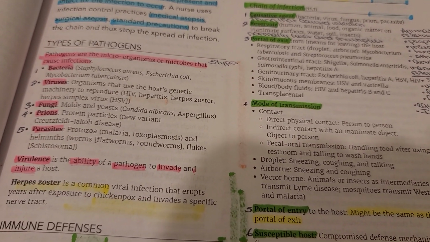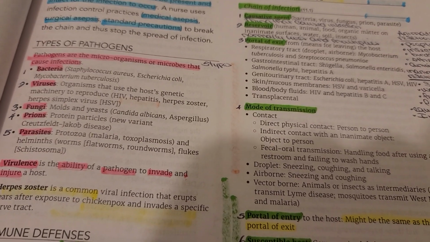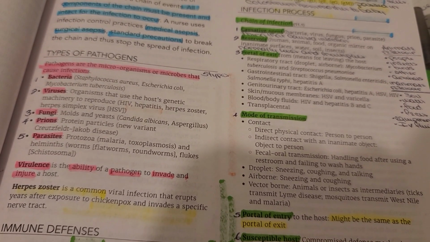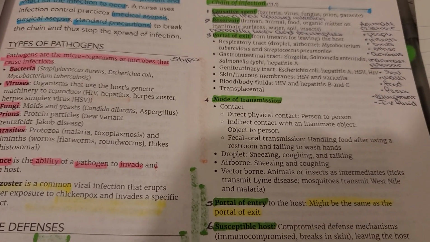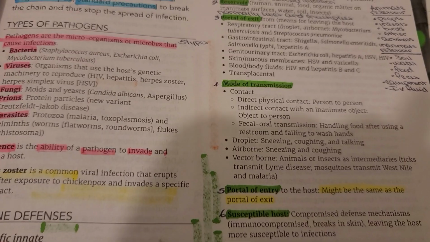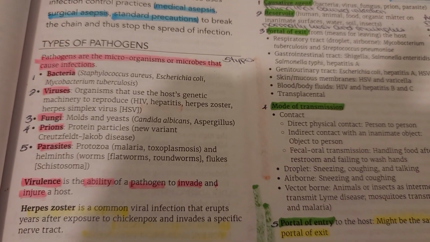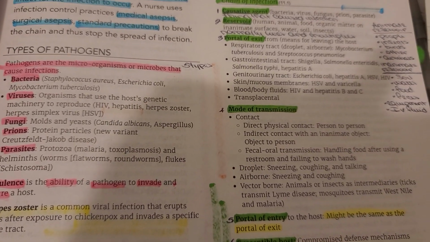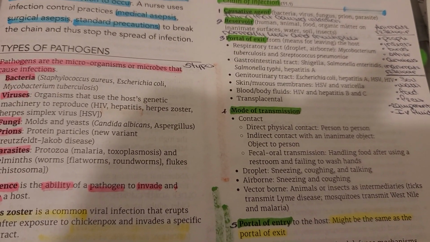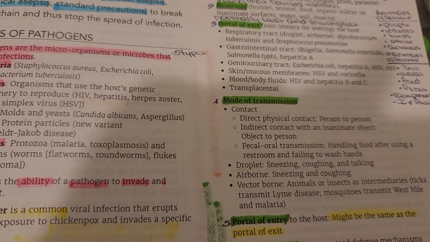Like when kitchen workers don't wash their hands, handling food after using a restroom and failing to wash hands. Droplet: sneezing, coughing, and talking. Airborne: sneezing and coughing. Vector-borne: animals or insects as intermediaries.